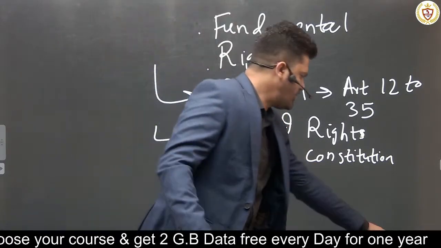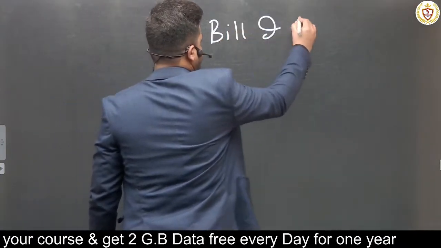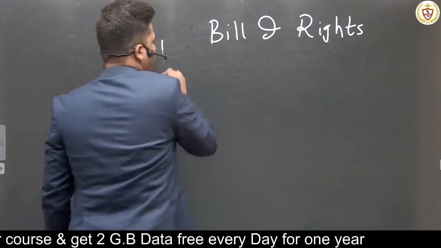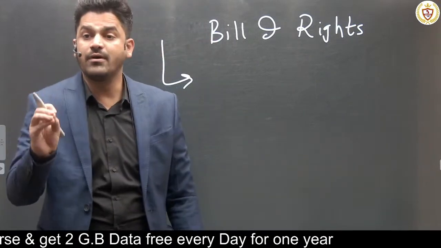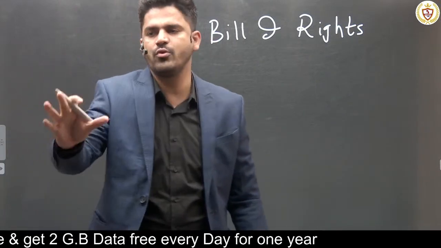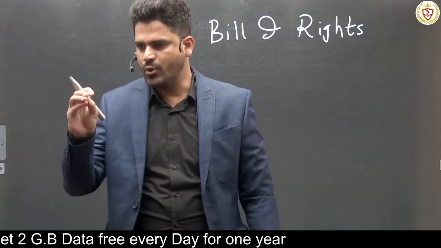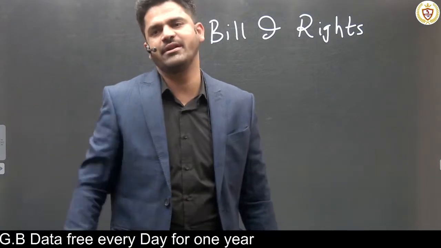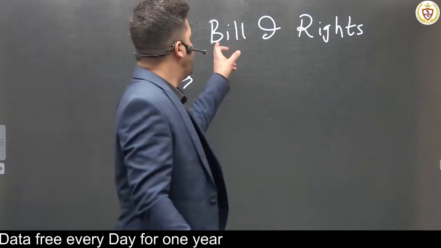Okay? What is Bill of Rights? Bill of Rights include first 10 amendments to the US Constitution. As simple as that. The original US Constitution did not incorporate fundamental rights. They were incorporated through Bill of Rights.